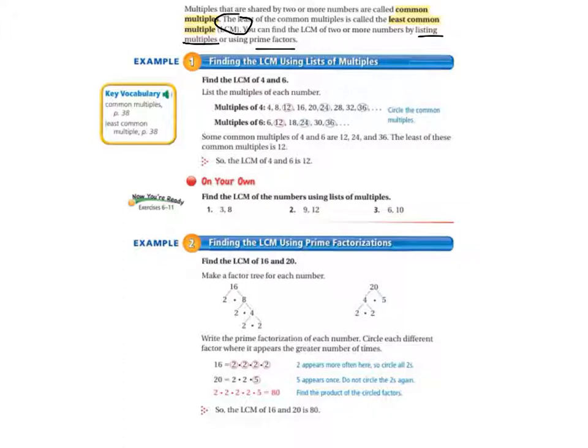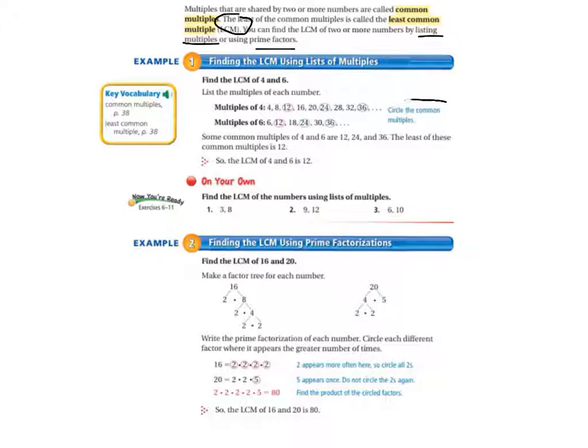Let's look at example 1. It says finding the LCM using lists of multiples. Find the LCM of 4 and 6. List the multiples of each number. Multiples of 4 are listed below. It has 4, 8, 12, 16, 20, 24, and so on. And multiples of 6 are 6, 12, 18, 24, 30, and so on.